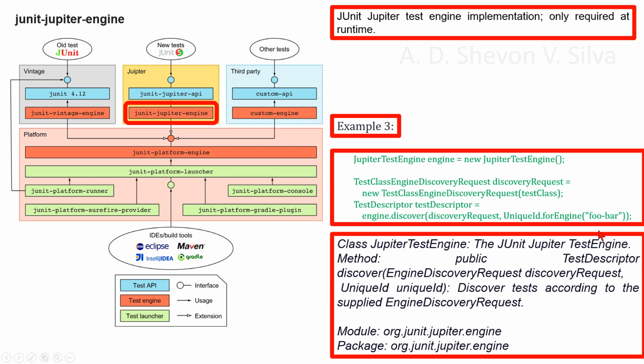Here the supplied unique ID must be used as the unique ID of the returned root test descriptor. The EngineDiscoveryRequest provides the test engine access to the information necessary to discover tests and containers. And the UniqueId encapsulates the creation, parsing, and display of unique IDs for test descriptors.